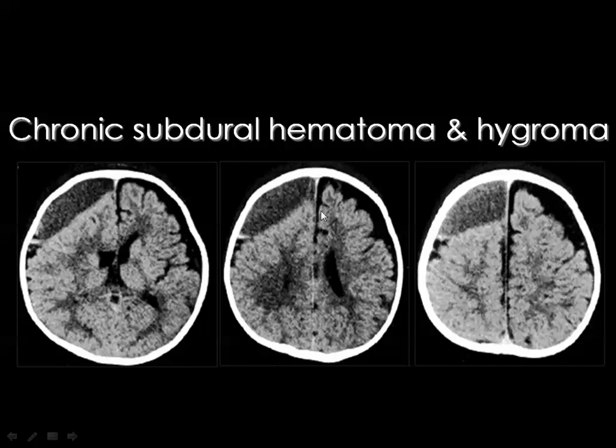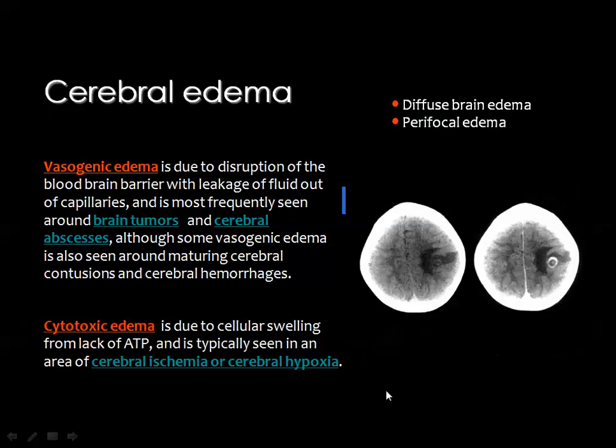Of course, the hygroma will show the CSF density, which will be more hypodense compared to the density of the blood. The blood, even in the chronic stage, will not reach the density of fluid. Then you can see the difference between hematoma and hygroma.